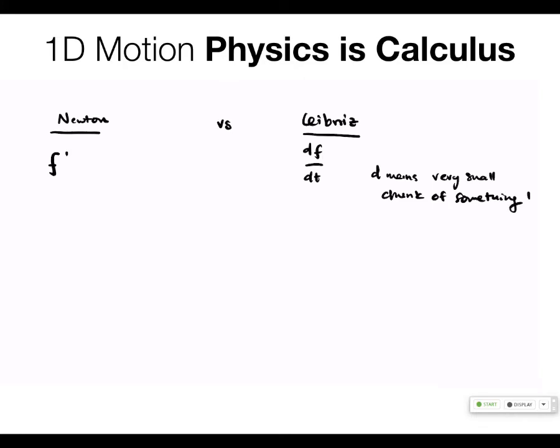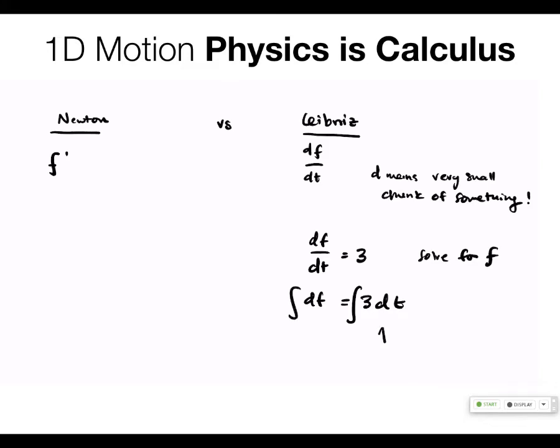But the coolest thing you can do with this is, let's say you have df dt is equal to 3, and you want to figure out what f is. You can say df is equal to 3 dt, and integrate both sides. Which is why Leibniz notation is far superior to Newtonian notation.